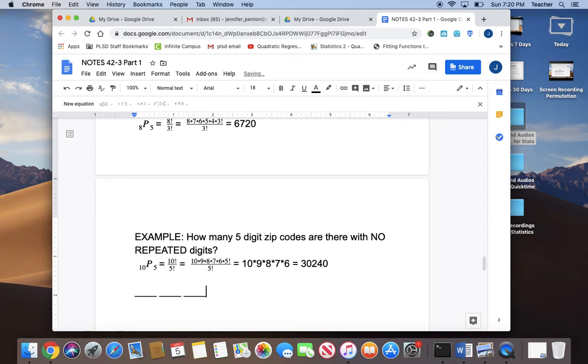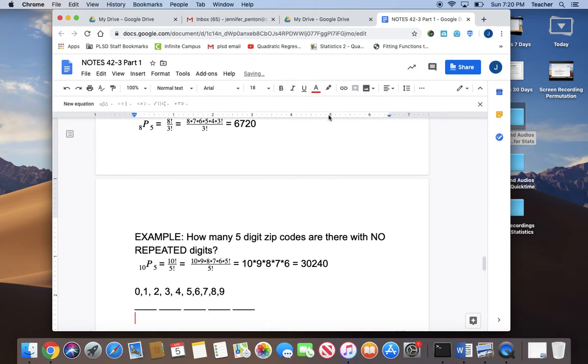Okay, and so notice that's the same as if you thought about this and you said, okay, I need 5-digit zip codes. So 1, 2, 3, 4, 5. There are no repeated digits. So when I'm making my zip codes, I have the numbers 0, 1, 2, 3, 4, 5, 6, 7, 8, 9 to choose from. Those are all the digits. None of the digits are repeated, I'm told.